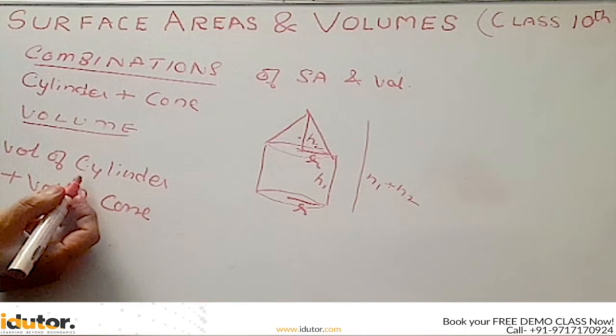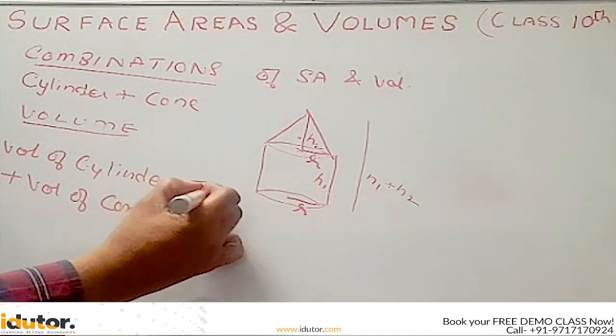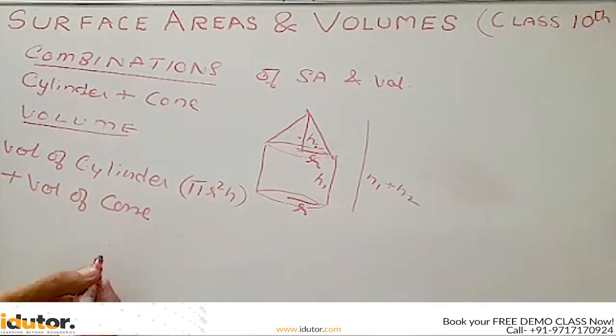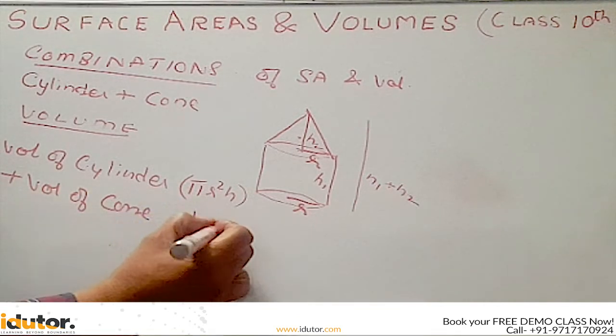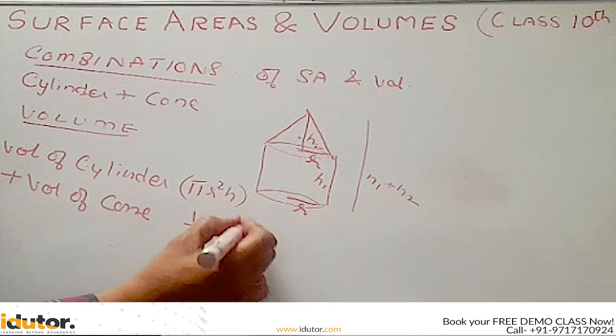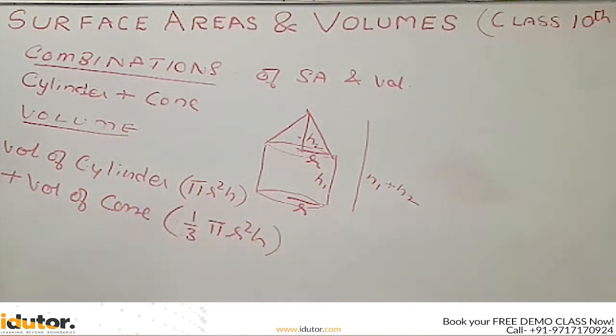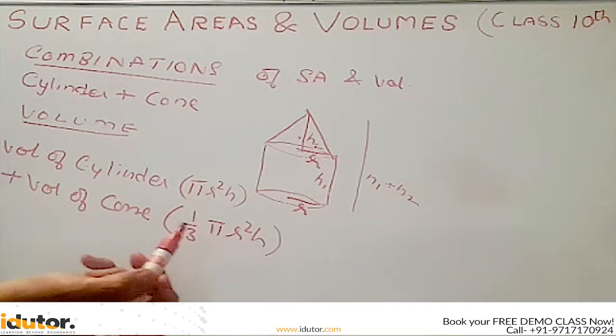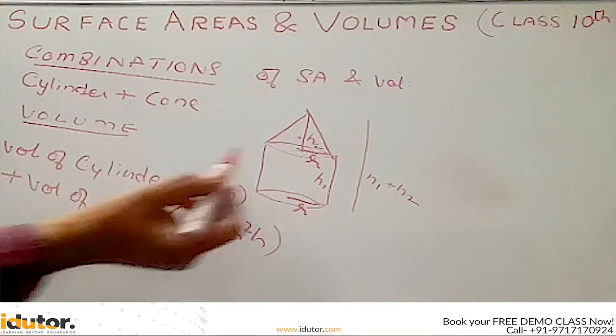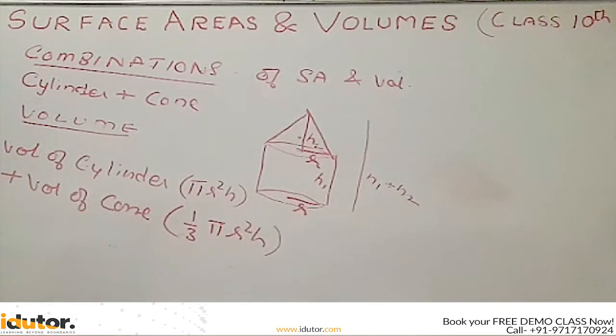You also know that volume of cylinder is pi r square h, and volume of cone is 1 by 3 pi r square h. So we find them separately and add them to get the total volume of the figure or the object, whatever is given. Clear to you, students?